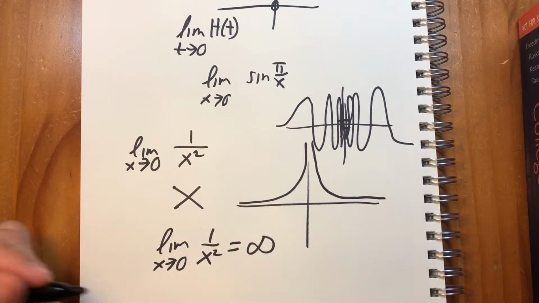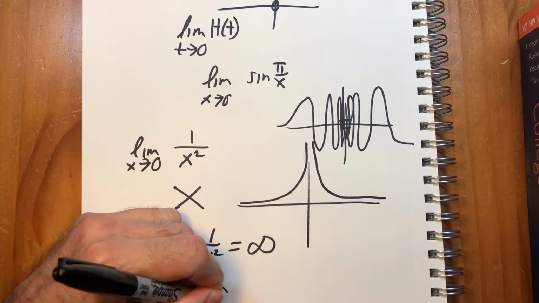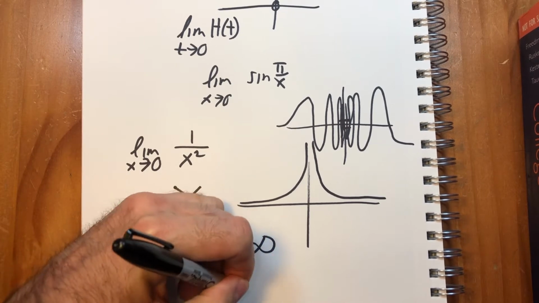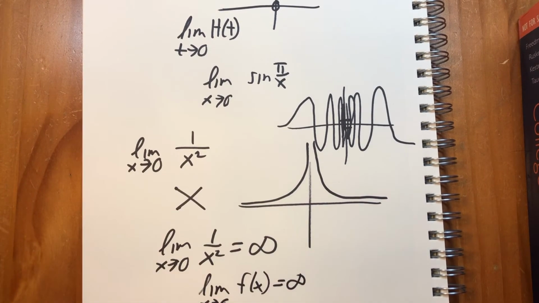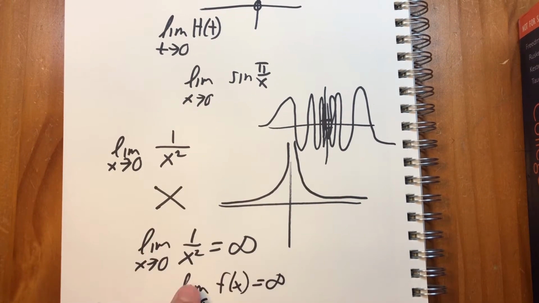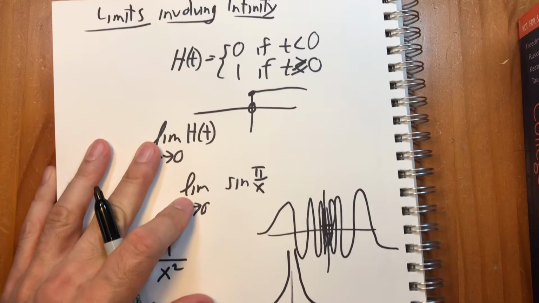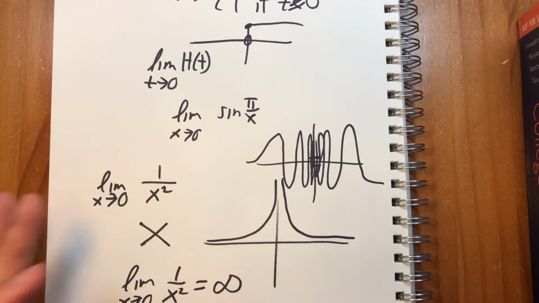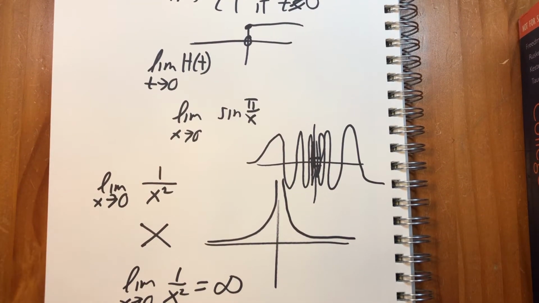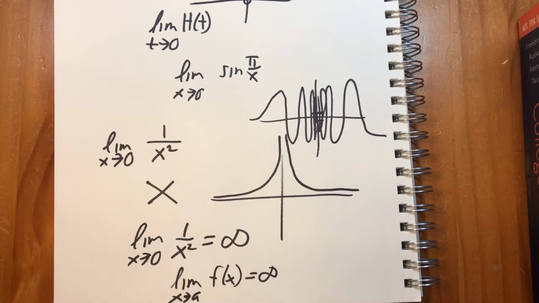So in general, we'd say that the limit as x approaches a of f of x equals infinity. It's interesting to notice that when the limit behaves in this way, we have a special symbol for it. When it behaves in the other ways, we don't have a symbol for it. That tells us that there's something special or important about this particular way of not existing, which we label infinity.